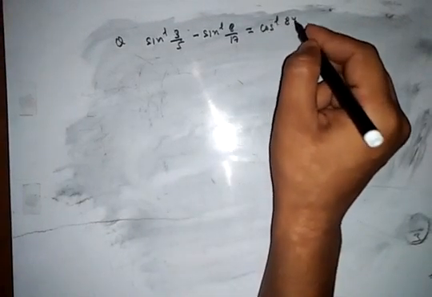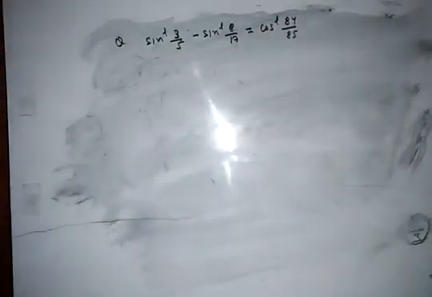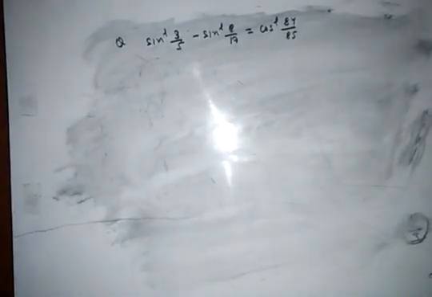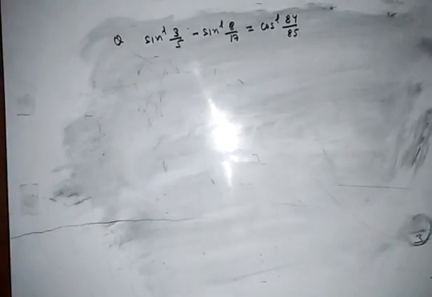So these are given in the sine form, and we have to prove it in the cos inverse. Sine A, sine B you can change in the order.